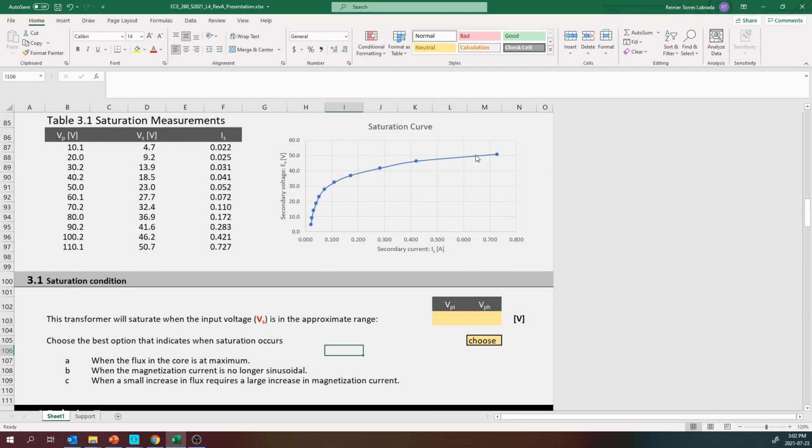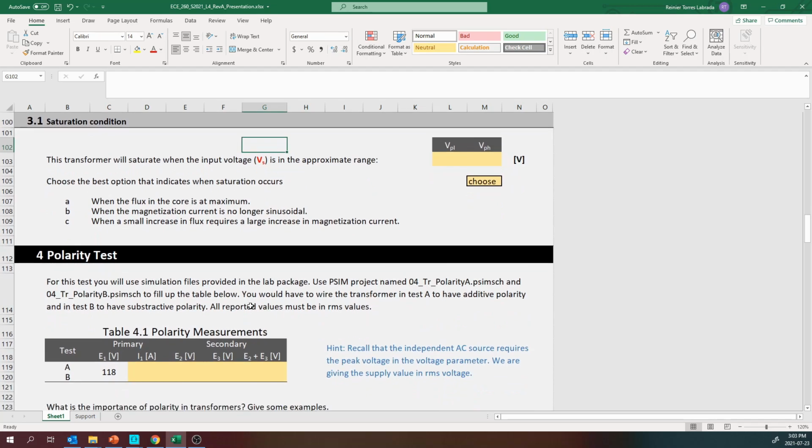So you have to choose 2 points here. Between this and this, or between this and that, it's up to you to pick which one is the best result to consider that the transformer is starting to saturate. And the reason the transformer starts to saturate is what is going to give you the best 2 points in this curve.